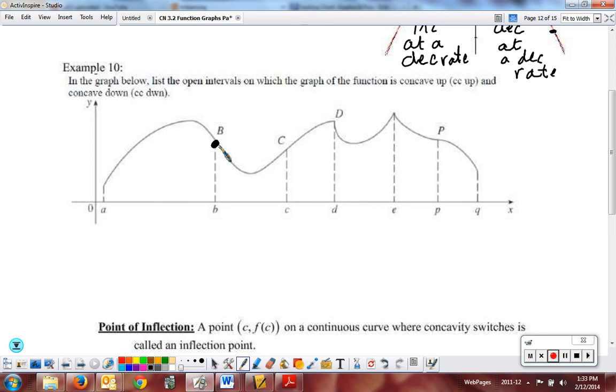It could be an extrema, but it is not necessarily an extrema. So this point has a special name. This is called a point of inflection. That is a point at which you are going to switch your curvature. You're going to switch how fast your rate is going. Are you going at an increasing rate or are you going at a decreasing rate?